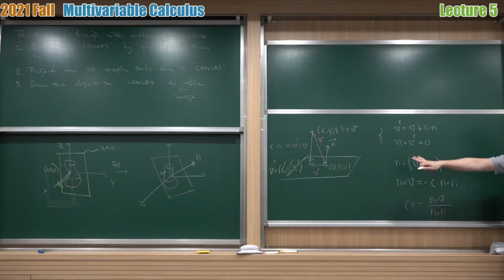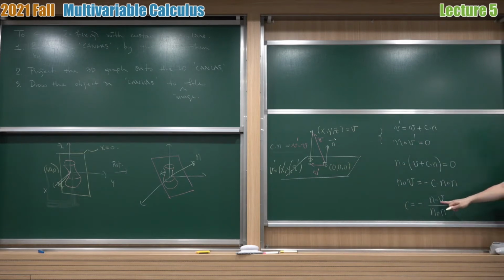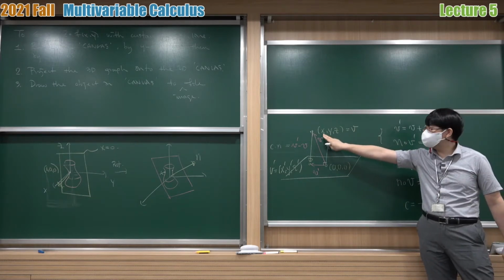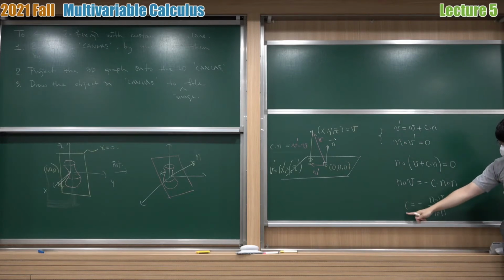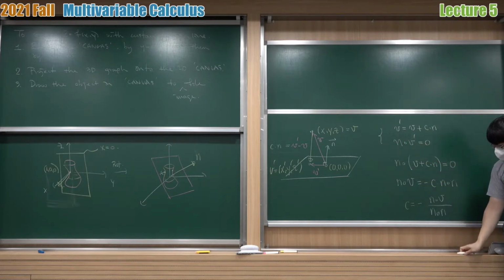We know this vector by rotating the 1, 0, 0. And v is given as the point in the 3D object. This is what we chose in the beginning. So we can definitely calculate this constant c, and if you plug this constant into this equation, we know what v prime is. We're going to use this equation. Okay.